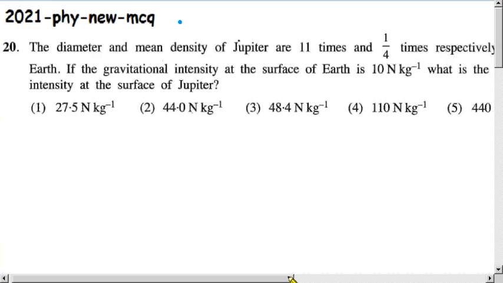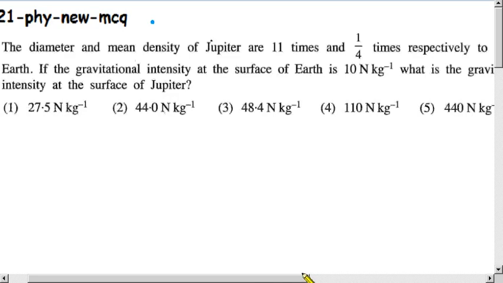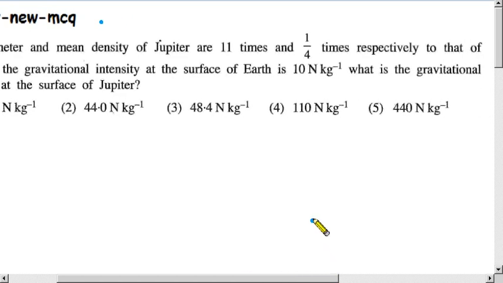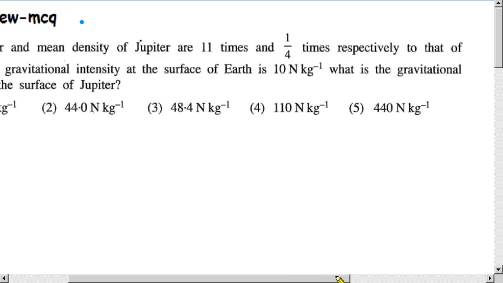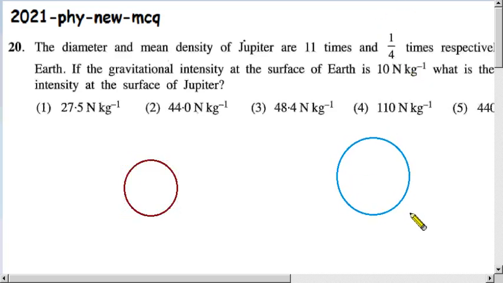If the gravitational intensity at the surface of Earth is 10 Newton per kilogram, what is the gravitational intensity at the surface of Jupiter? This we have to solve by using Newton's gravitational equation. So assume that this one is the Earth, and this one is the Jupiter.